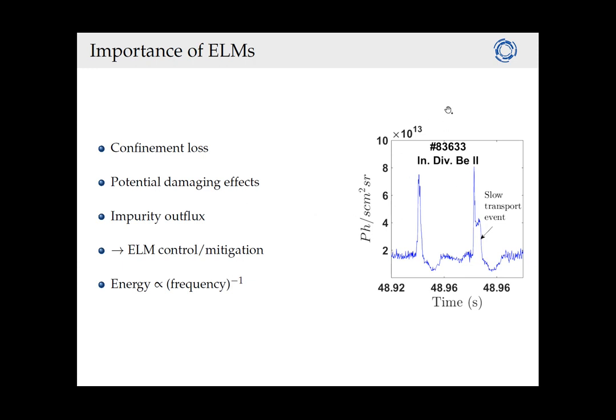Here on the right I've shown a snapshot from a plasma discharge in the JET device. What is shown here is a spectroscopic signal from beryllium-2, which is used as a diagnostic to detect ELMs. So you see here a very brief time trace.